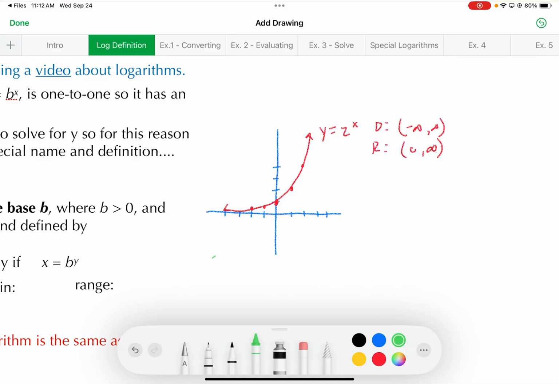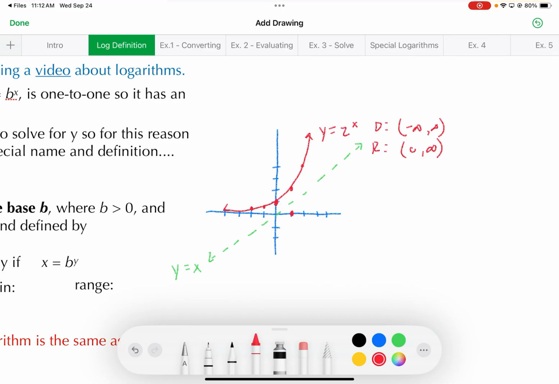All right, so think. We have a property of inverses. We are supposed to be able to reflect that graph over y equals x to create the inverse function, right? And the nice thing is this is 1 to 1, so when we reflect it over, that inverse will be a function as well. So think if we go down to here, (0, 1) becomes (1, 0).